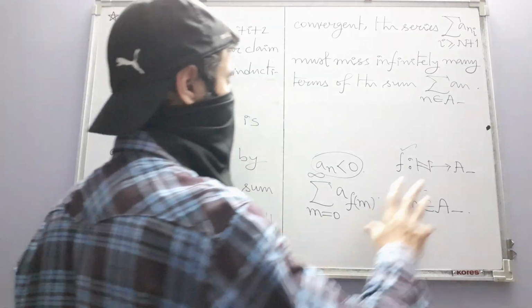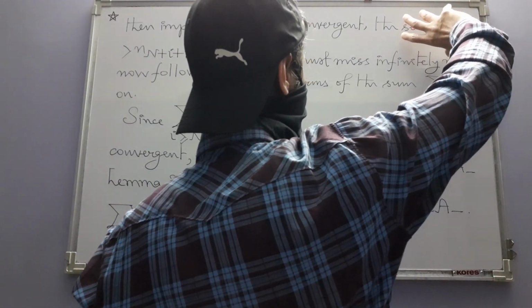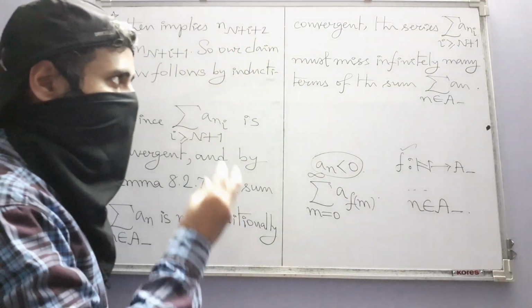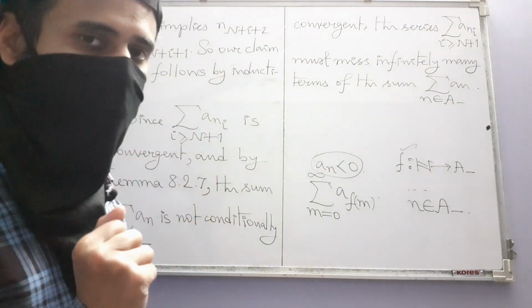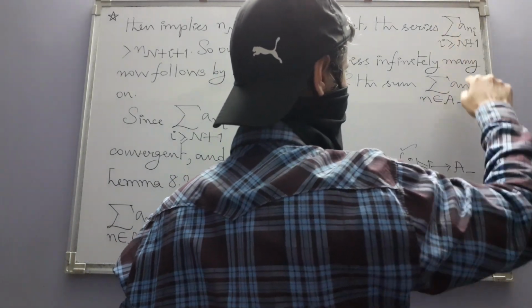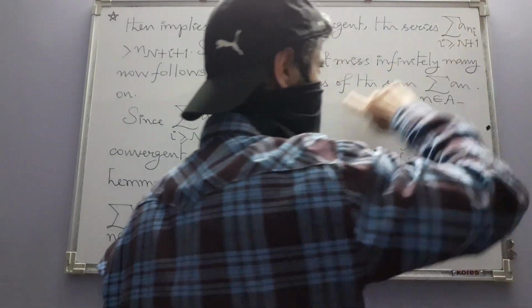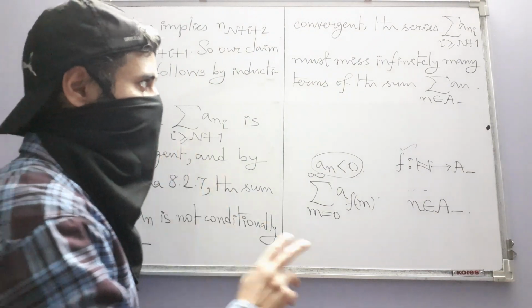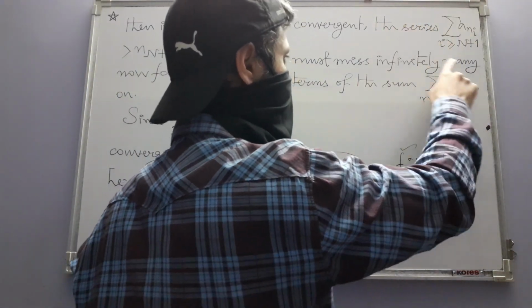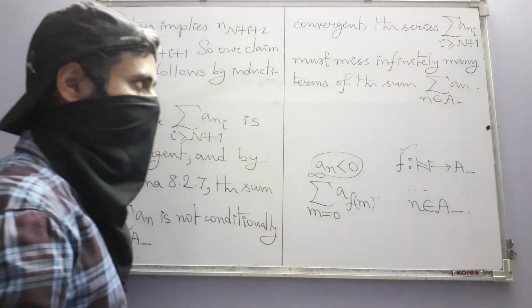So since what we have got is a convergent series, whereas the terms that you see here are actually coming from this series, this has to miss infinitely many a_n from here.